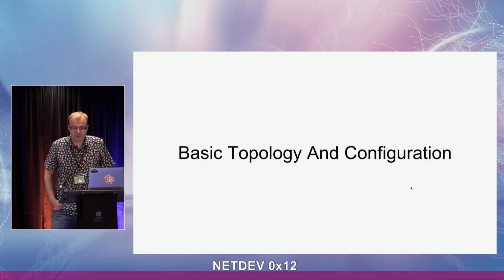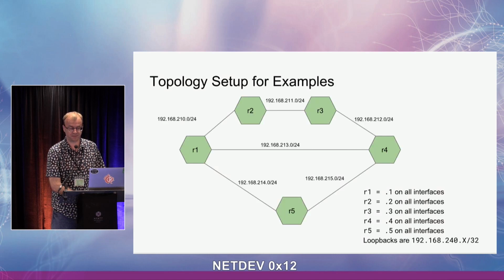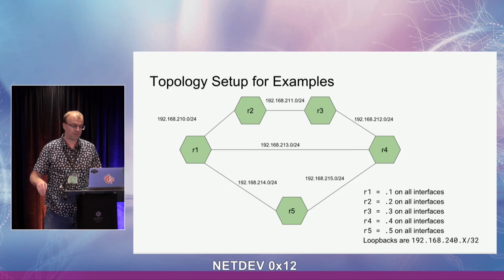All right, in this next section, I'm going to cover basic topology and some basic configuration of some routing daemons. I'm going to use this topology for the next little bit. There are 5 routers all connected. You can see the IP addresses for everything.